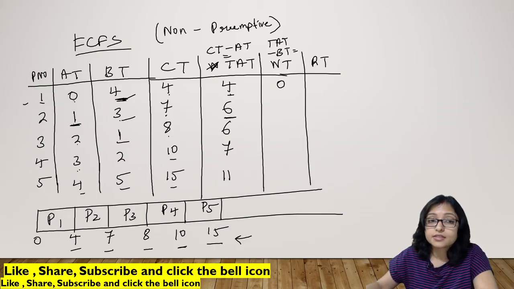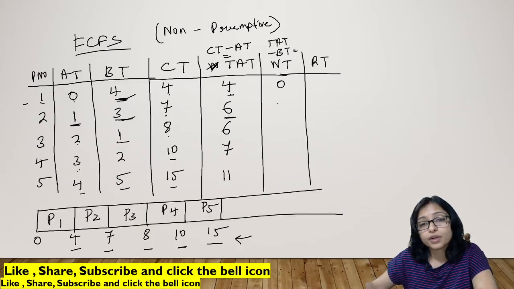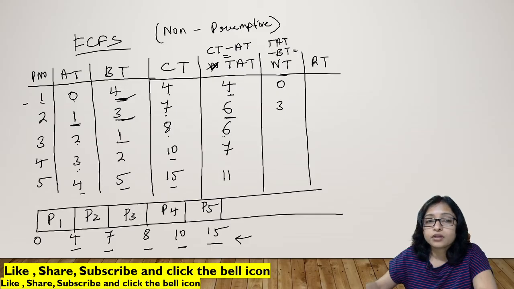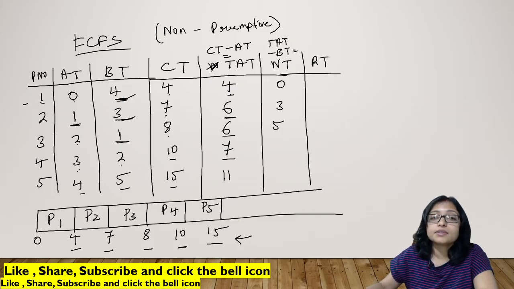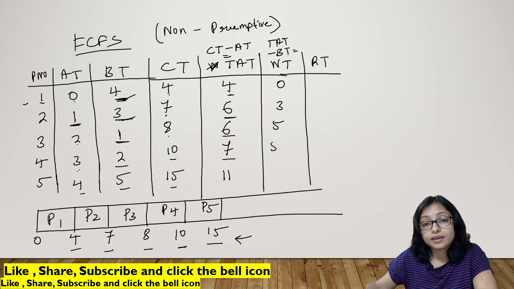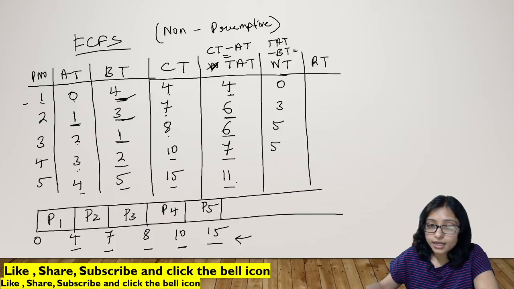Turnaround time is 6, burst time is 3, so waiting time will be 3. Turnaround is 6, burst time is 1, so it will be 5. Turnaround is 7, burst time is 2, so it will be 5. Turnaround 11, burst is 5, so it will be 6. So these are the waiting times: 0, 3, 5, 5 and 6.